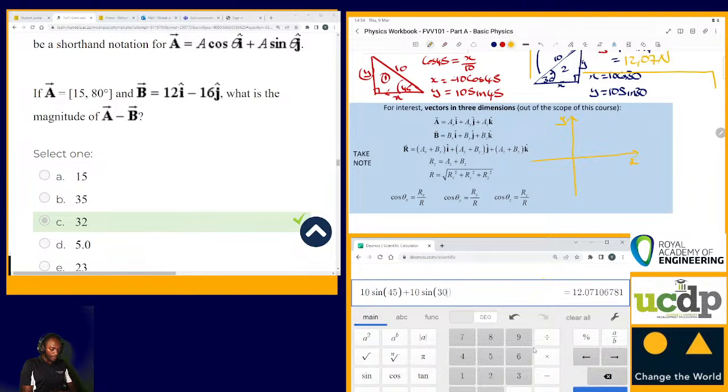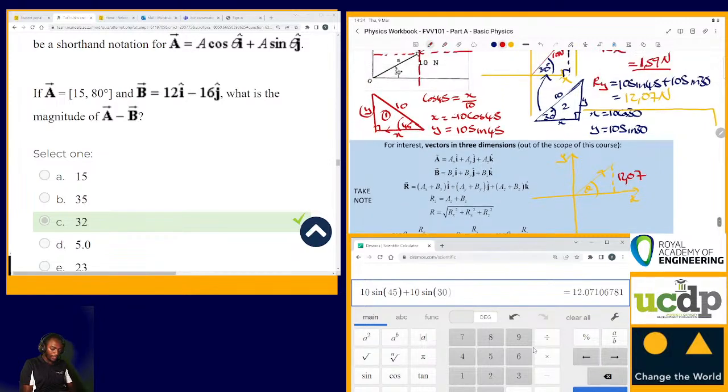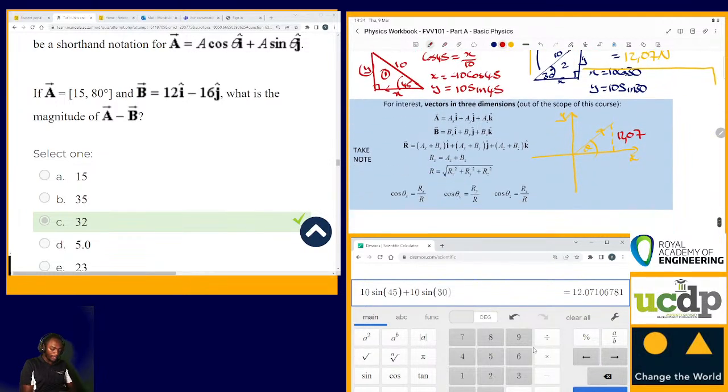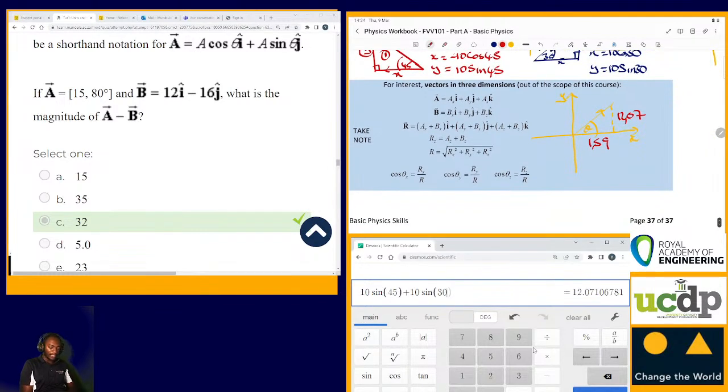So which means we are in this quadrant, right? And what is our y? Our y, we got 12.07, and our x, 1.59. We now know that we use tan theta, right?